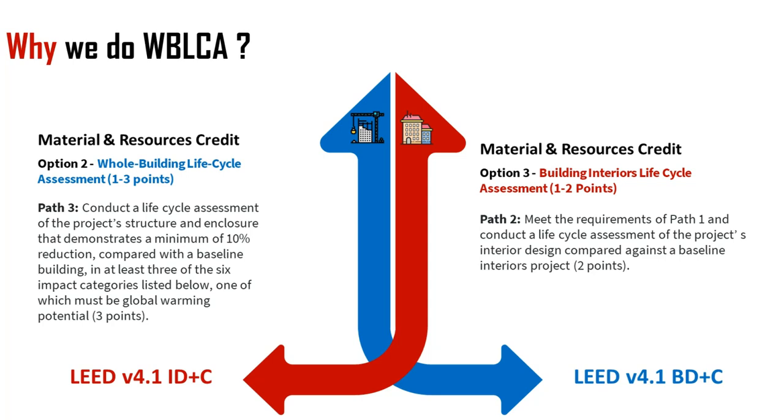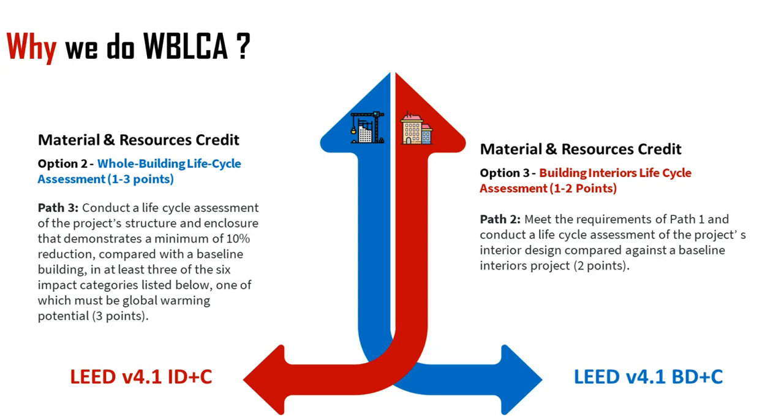In such a way, under option 3 we have building LCA, and under that we have a few paths. Path 2 says meet the requirements of path 1 and conduct a life cycle assessment of the project's interior design compared against the baseline interior project. So maximum you can get 2 points.